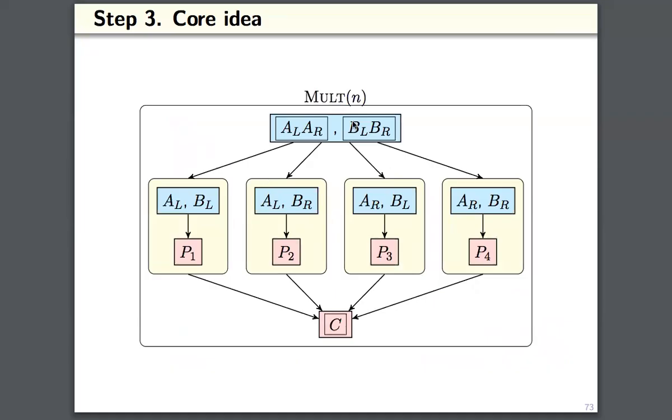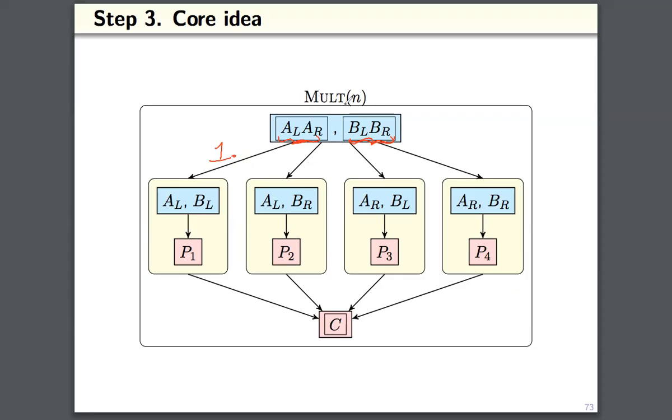If you want to look at the diagram, it will look like this. Suppose this is the problem. You have AL, AR, BL, BR. This is one binary number, and this is another binary number. The first step is the divide step.